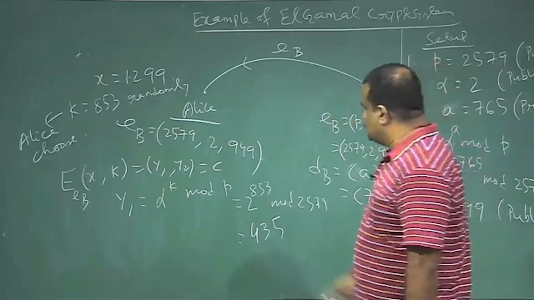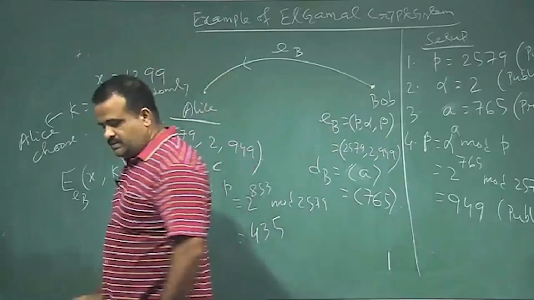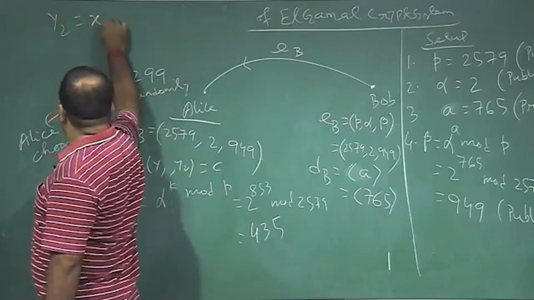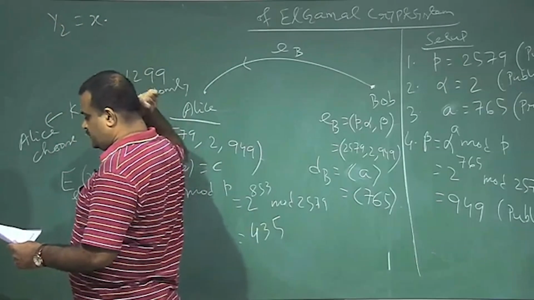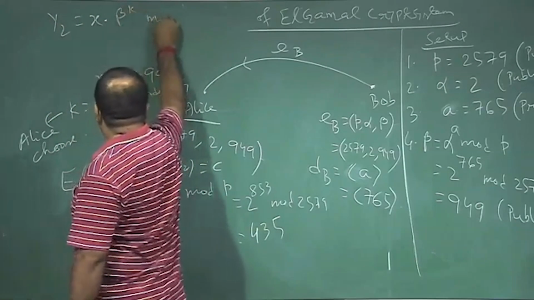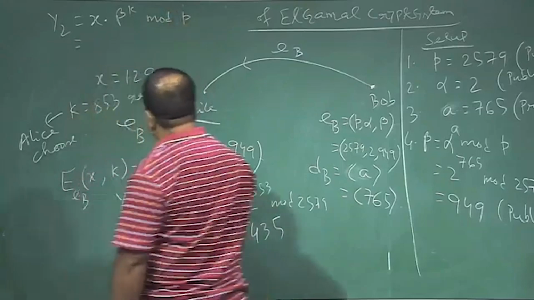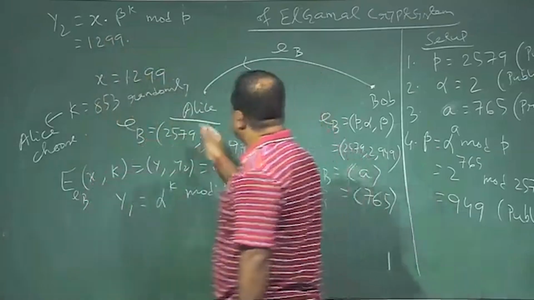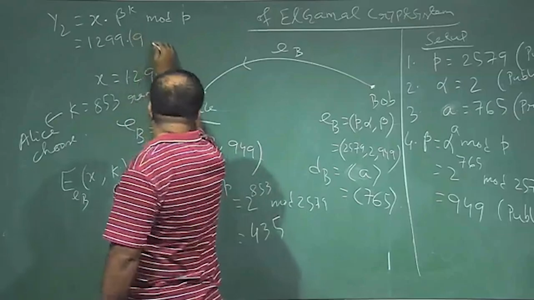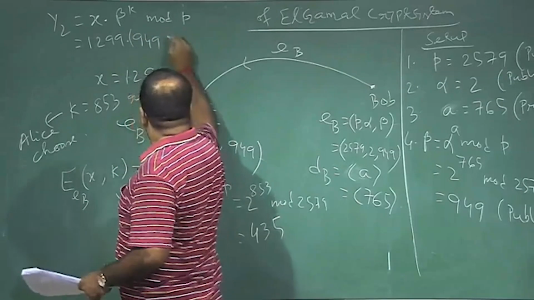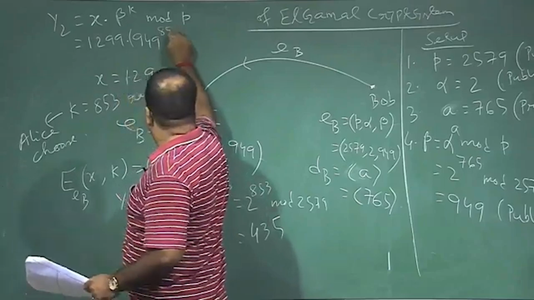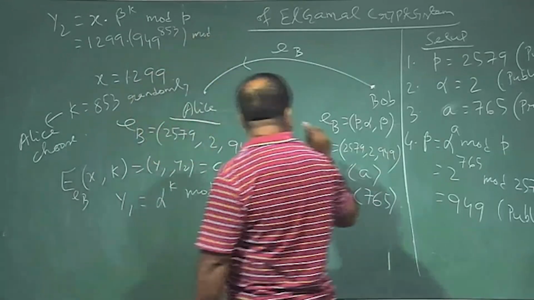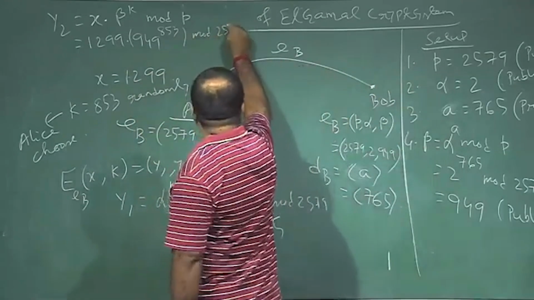So now how to get Y2? Y2 is similarly masking X with beta to the power K mod P. So X is 1299 into beta, where beta is 949, to the power K. K is the value Alice randomly chose, mod P. P is basically 2579.